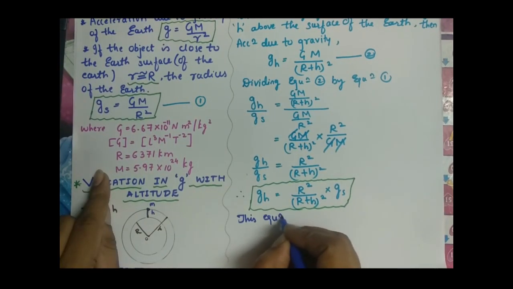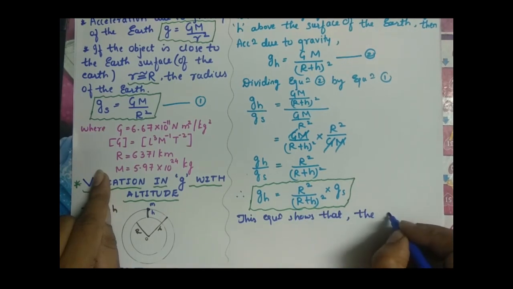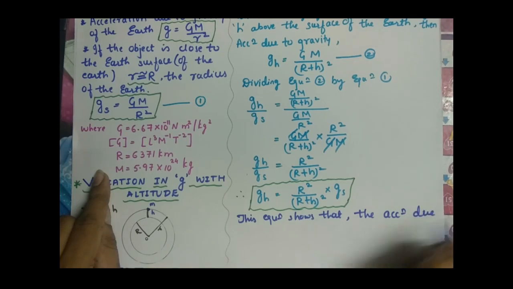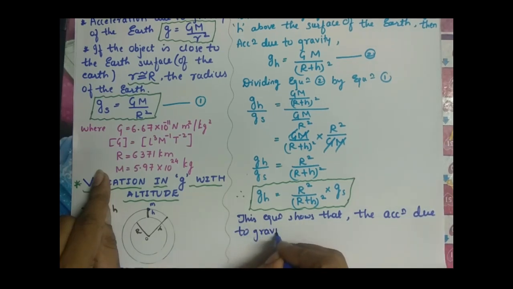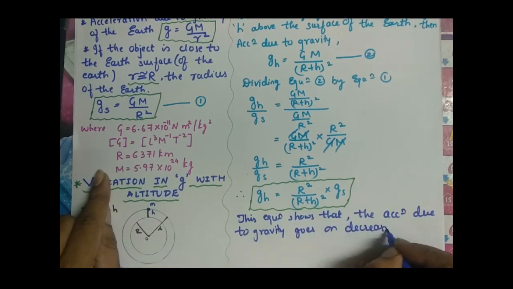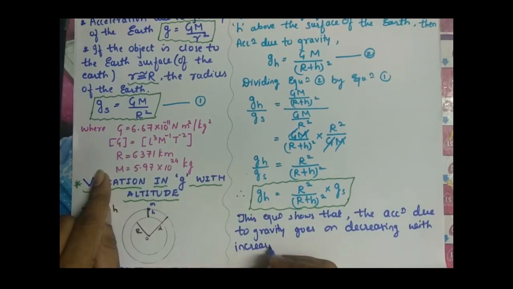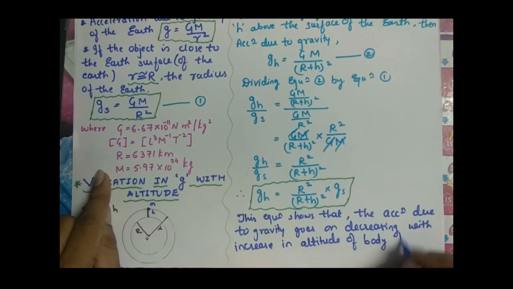This equation shows that the acceleration due to gravity goes on decreasing with increase in altitude of the body from the surface of the earth.